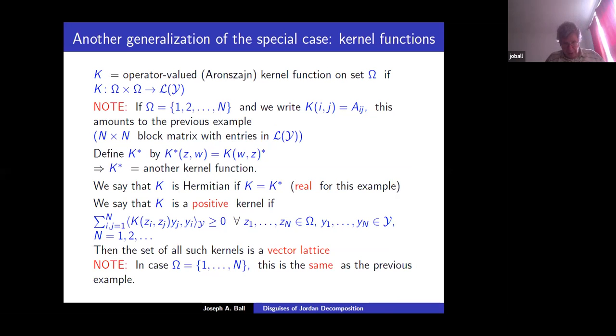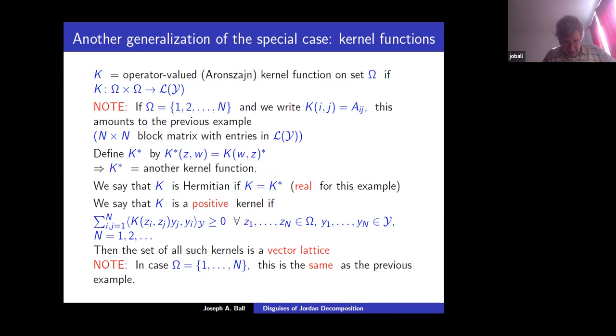You have a function on a Cartesian product set, and you assign an operator for each point in the Cartesian product set. And I want to have operators, so the value a_ij is an operator in L of Y. Then we define the involution star as the block adjoint. So the value at (z,w) of the conjugate kernel is the adjoint of the operator at K(w,z).